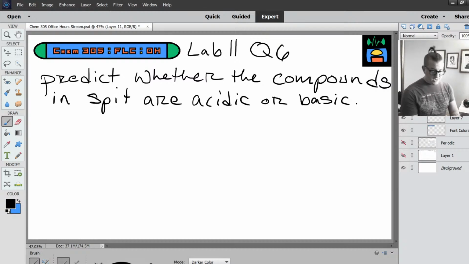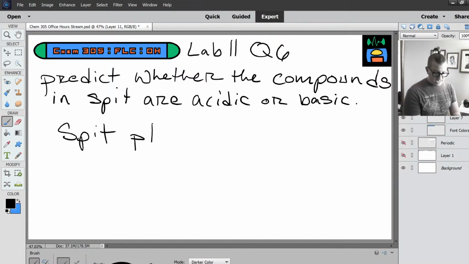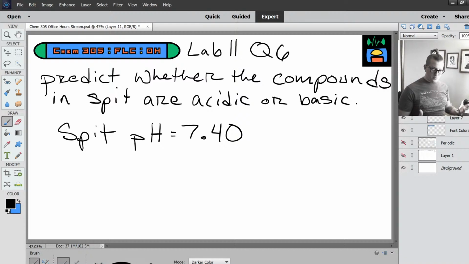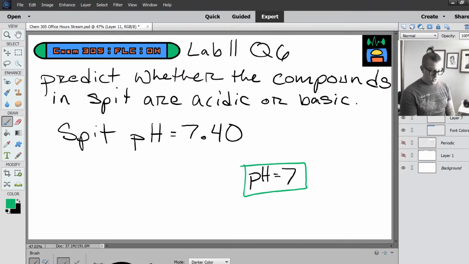When you look at this simulation, we see that spit has a pH of 7.40, and the thing to remember, whenever you're dealing with the acidity or basicity of a solution, the magic number you want to remember is 7. pH 7 means that you are neutral.